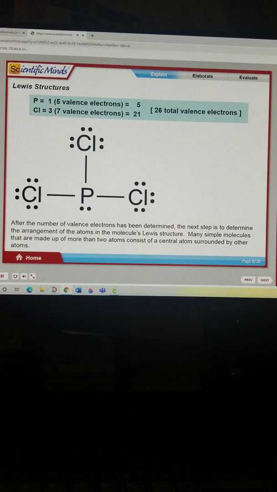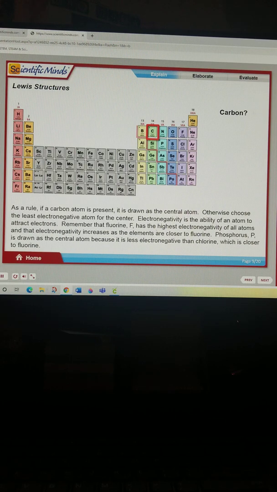After the number of valence electrons has been determined, the next step is to determine the arrangement of the atoms in the molecule's Lewis structure. Many simple molecules that are made up of more than 2 atoms consist of a central atom surrounded by other atoms. As a rule, if a carbon atom is present, it is drawn as the central atom.